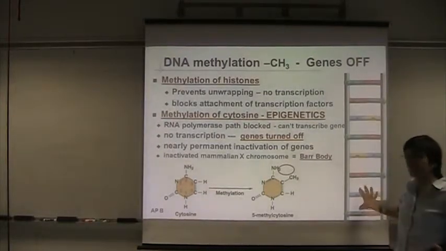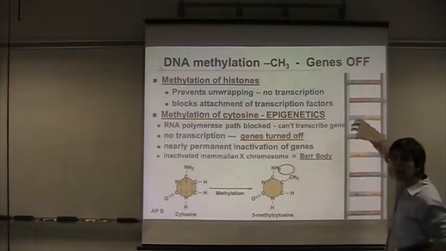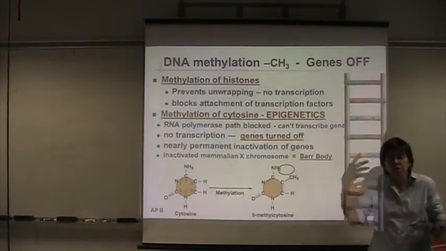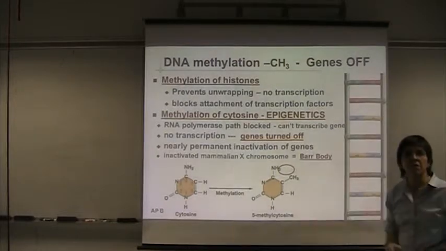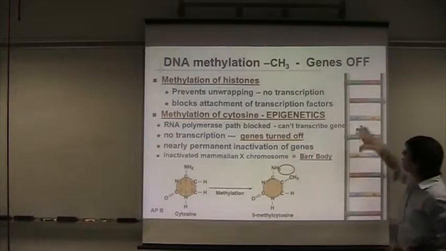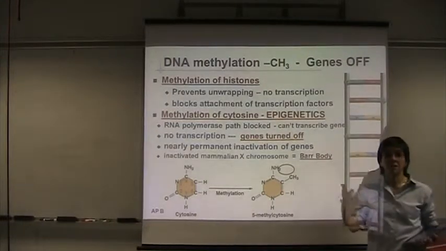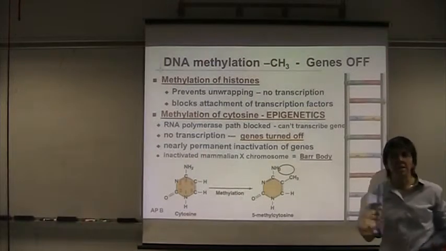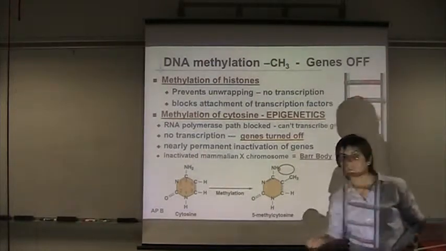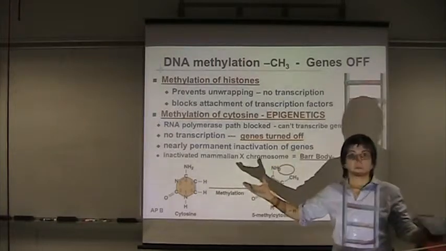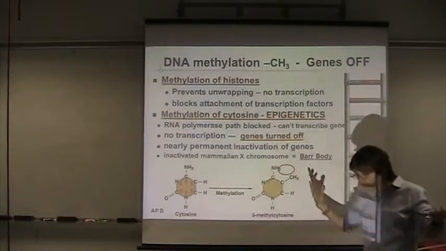Your DNA sequence has not changed, but by adding methyl groups, you can block genes and you can actually change your phenotypic expression, because even though you have the sequence, you have the genes, they are technically blocked by these methyl groups. A number of studies have been done in identical twins that sometimes turn out very different.